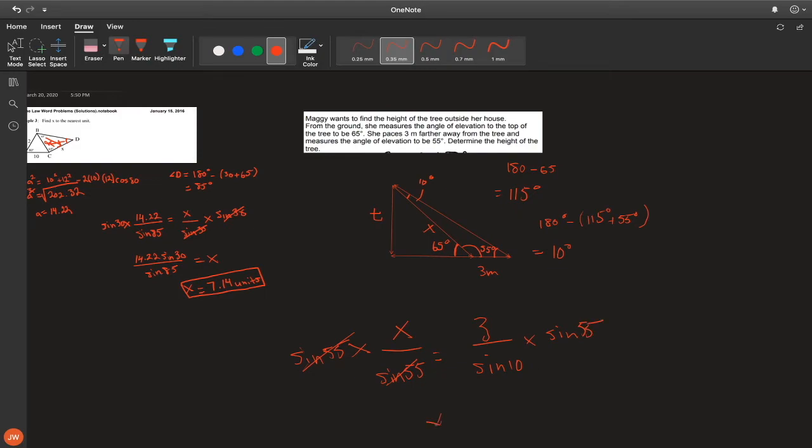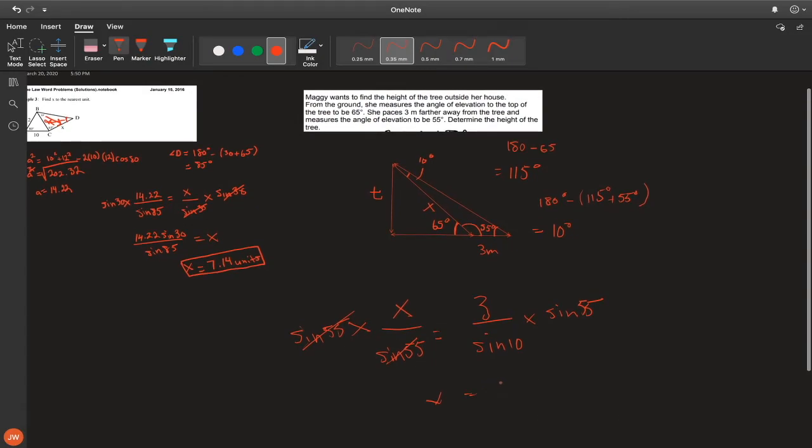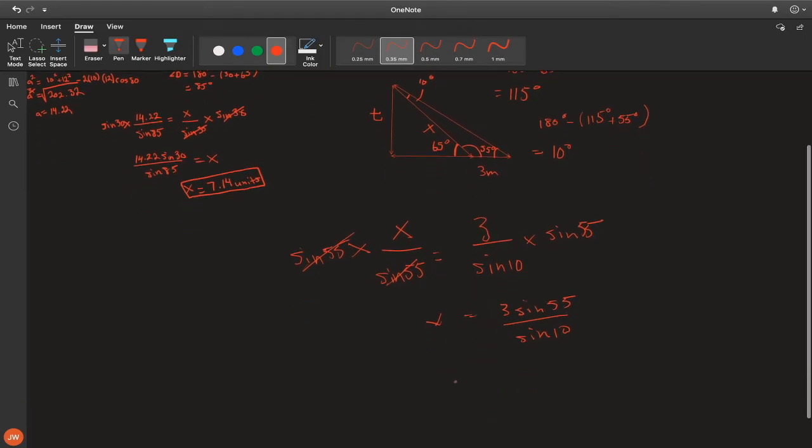Alright, so x is equal to 3 sine 55 divided by sine 10. Now this is going to be equal to 14.15. So x is equal to 14.15.